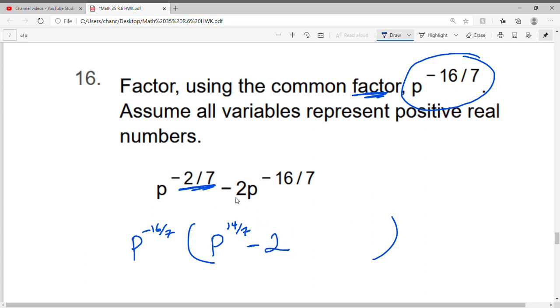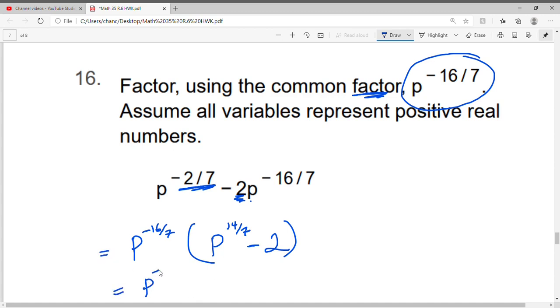Now I need a 2 because it's a 2 here. And we already have p to the negative 16/7, so I don't need anything else. We'll put this parenthesis a little bit closer. This is our factored form, but we can simplify that a little bit further.